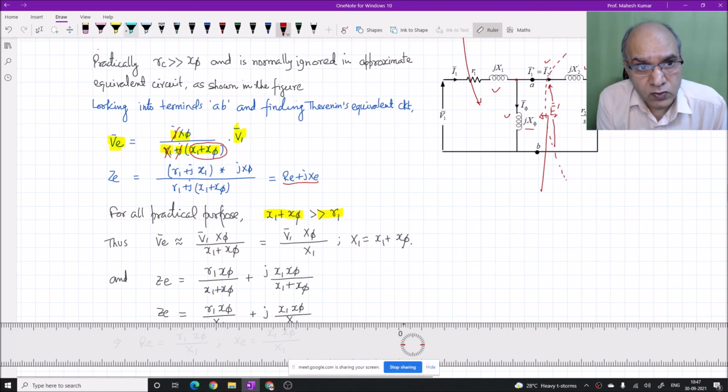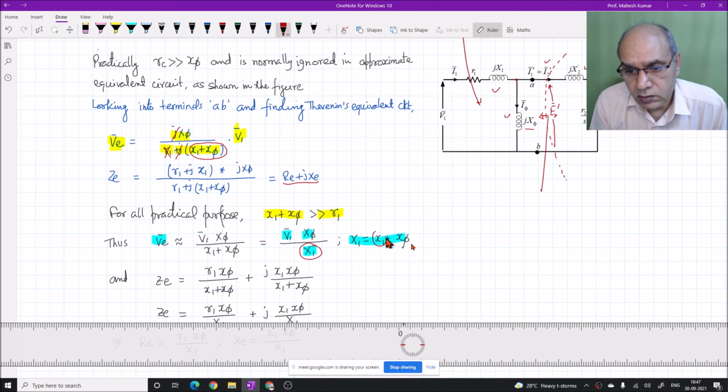Therefore the Thevenin voltage becomes V1 into X phi by X1, where capital X1 is small x1 plus X phi. So we have changed the notation here, be careful about that. This is the capital X1, this is small x1.